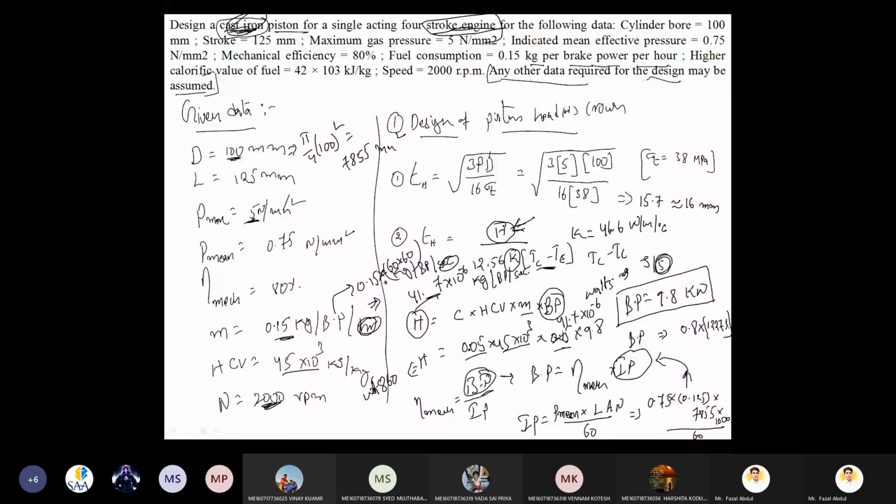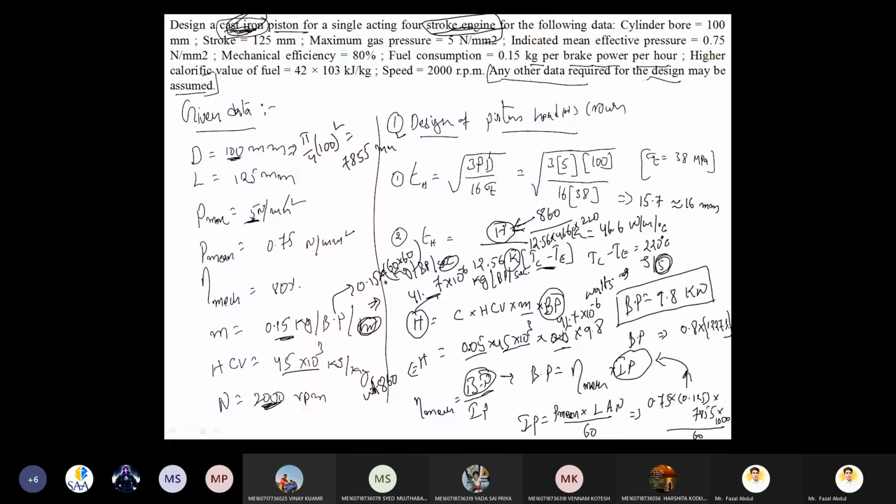So substitute all the values here. First one, H value, how much we got? 860 watts. H value we got 860 divided by 12.56 into 46.6 into 220. Now tell me the TH value.